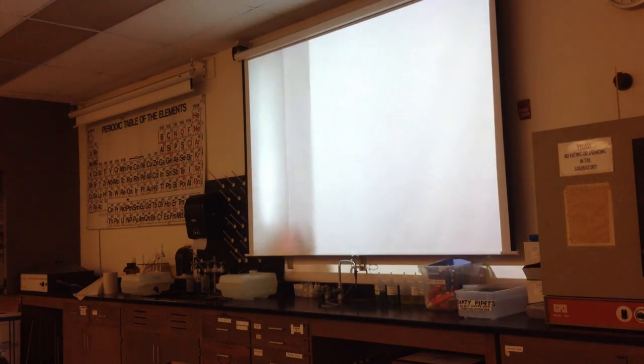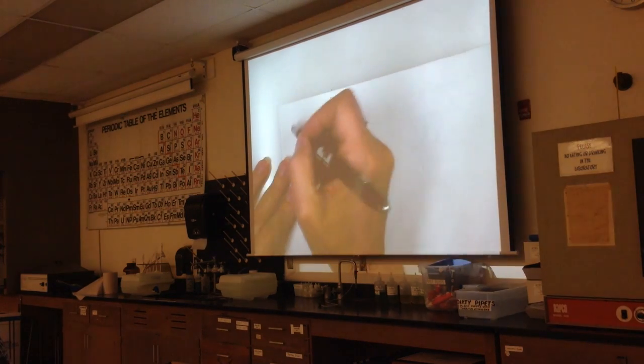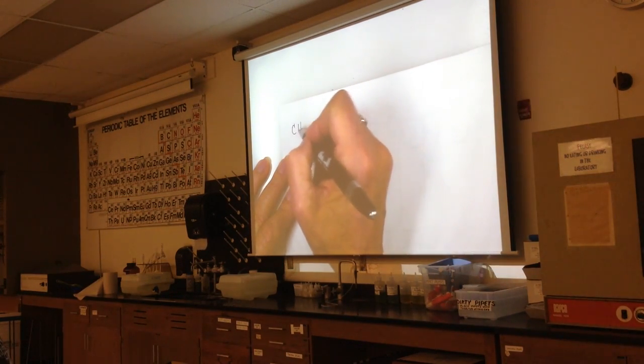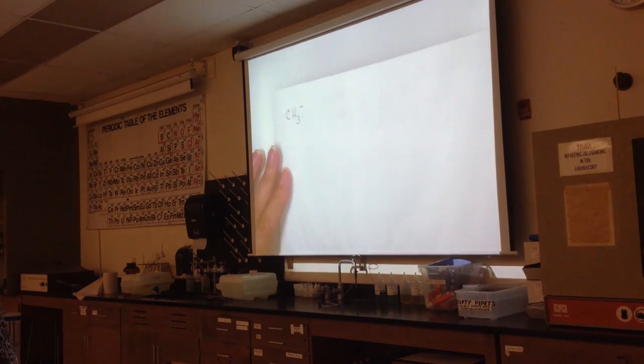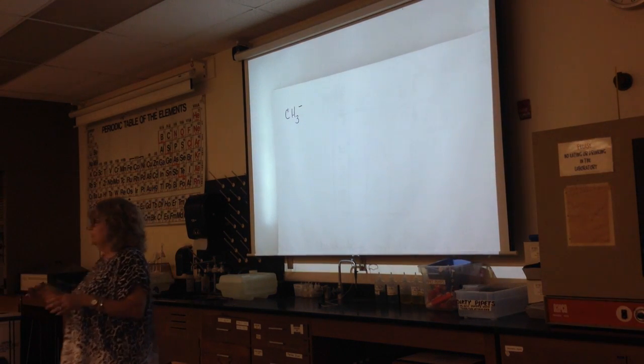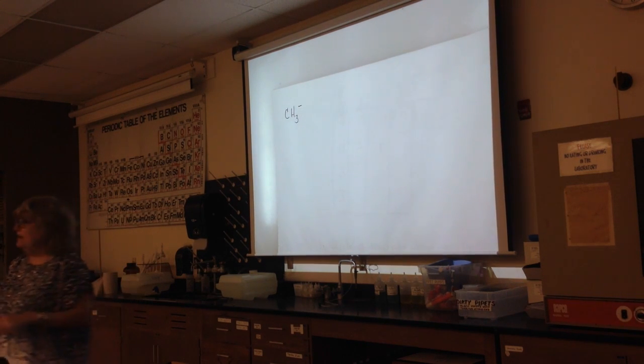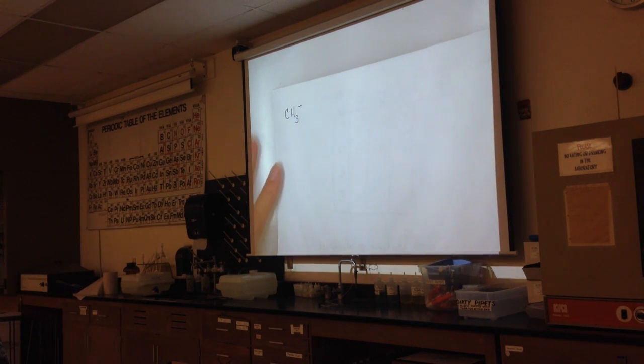And so when we come over here and we do this, and say we have CH3 minus, then how do we calculate that? Let's go ahead and calculate that also, CH3 minus. And we're following the same way that we just did, right?